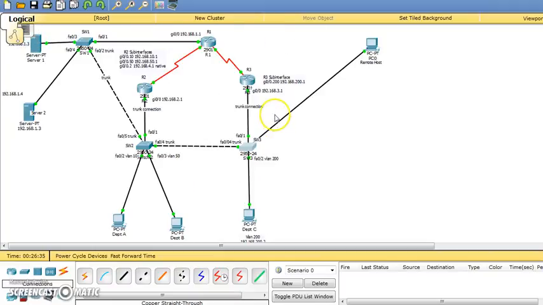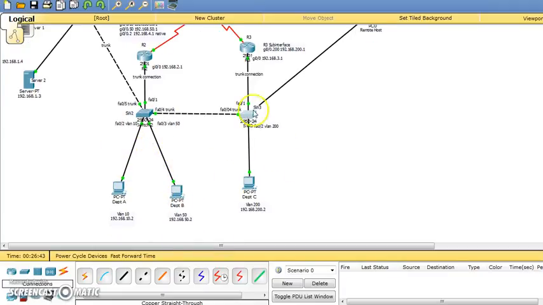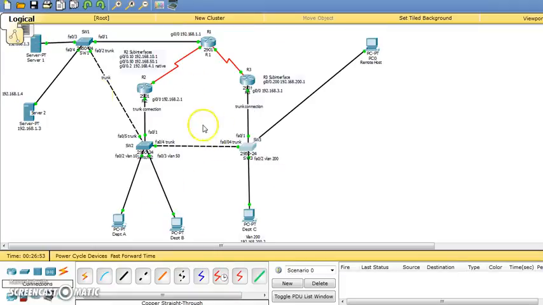Then we have the different trunks so that we can separate our VLANs into different networks, because like in real life, logically, you would have different departments in different areas, so you want to keep their information separate from each other. So that's why we chose different trunking switches.